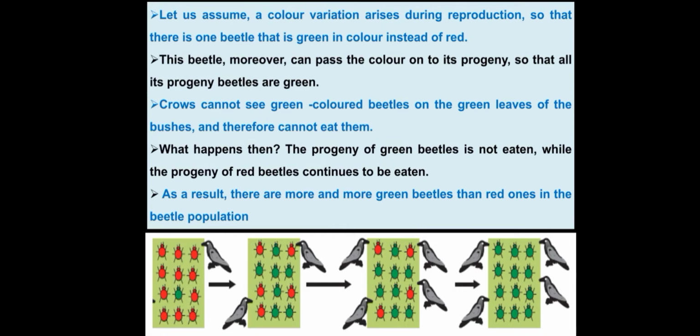Crows cannot see green colored beetles on the green leaves of the bushes and therefore cannot eat them. What happens then? The progeny of green beetles is not eaten while the progeny of red beetles continues to be eaten. As a result, there are more and more green beetles than red ones in the beetle population.